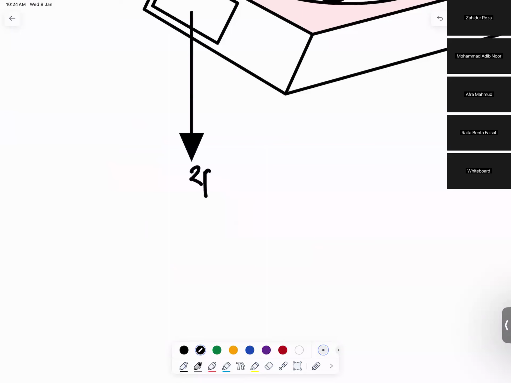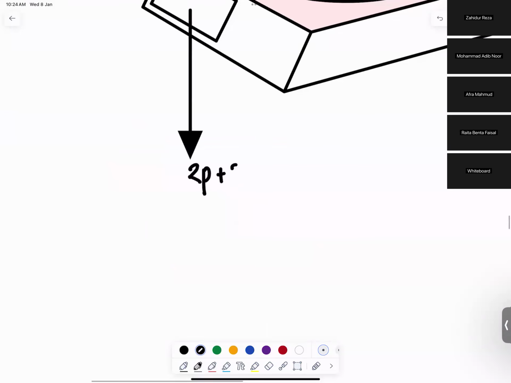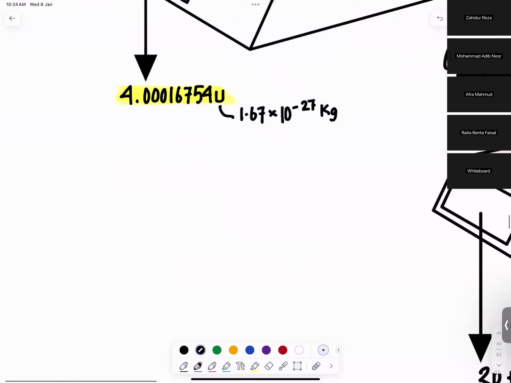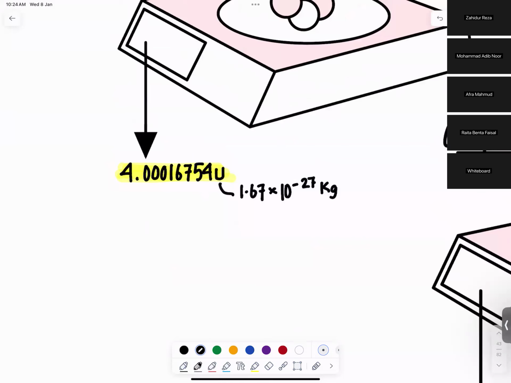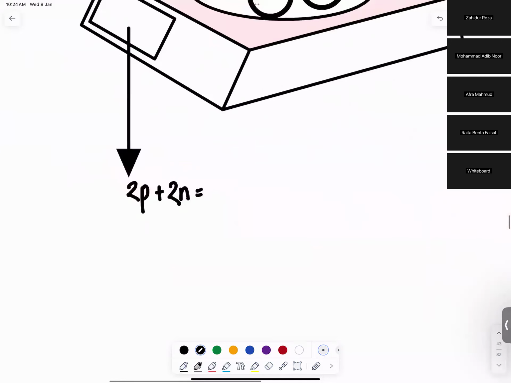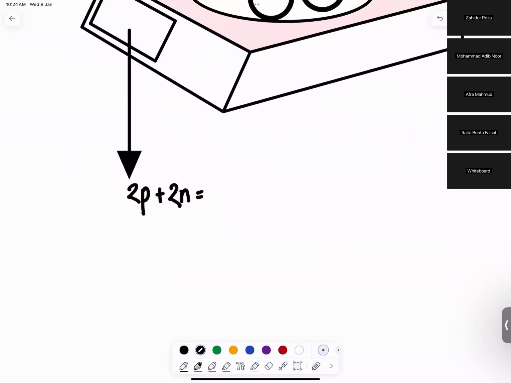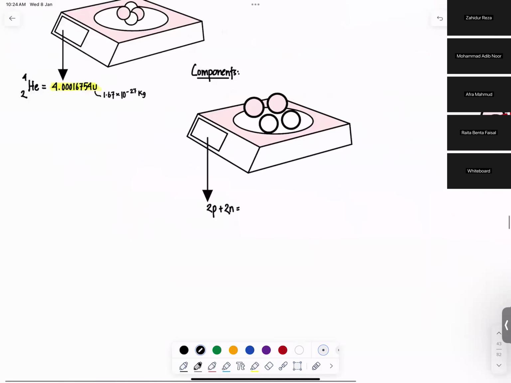Two protons plus two neutrons. And when they found the mass here, ওটার সাথে যদি compare করো, they found the mass was 4.00022000 U. They found the mass was different.